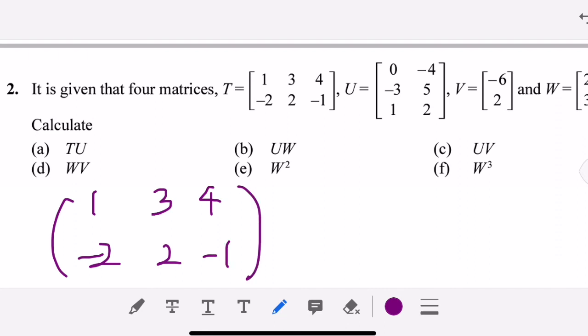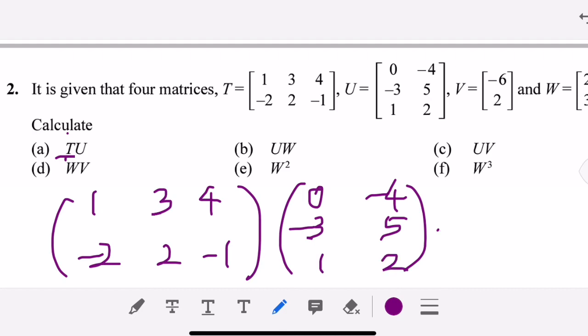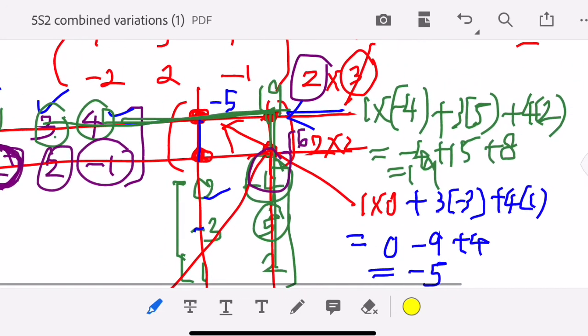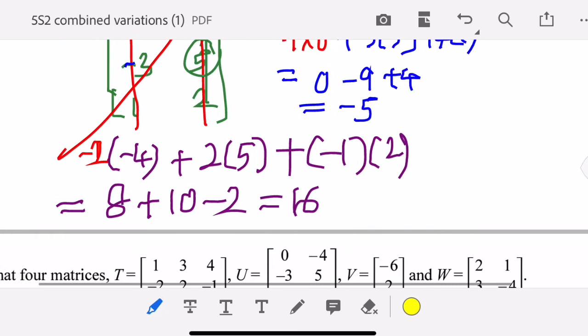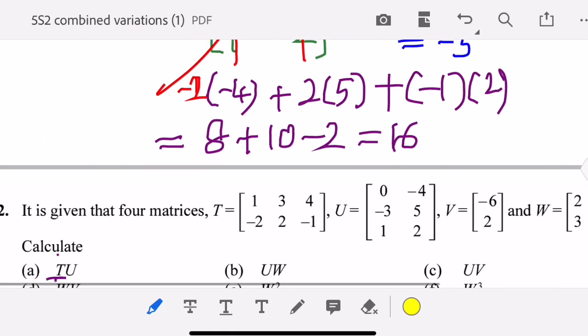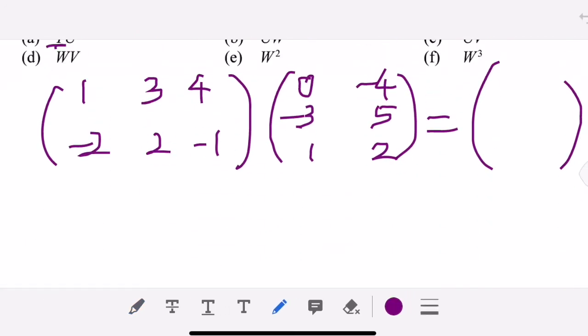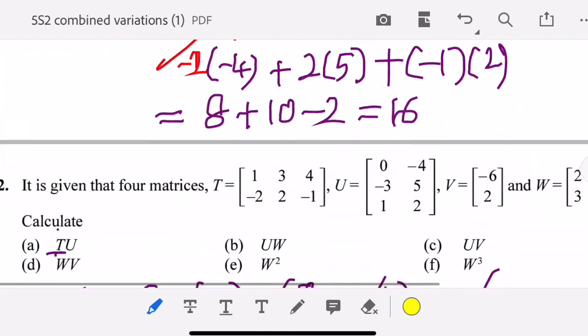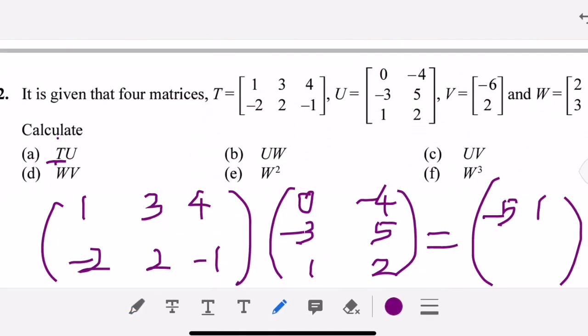This is T, and the U is 0, negative 4, negative 3, 5, 1, 2. So the answer that we get just now was actually negative 5 and then 19. Yeah, it's not 9, it's 19.